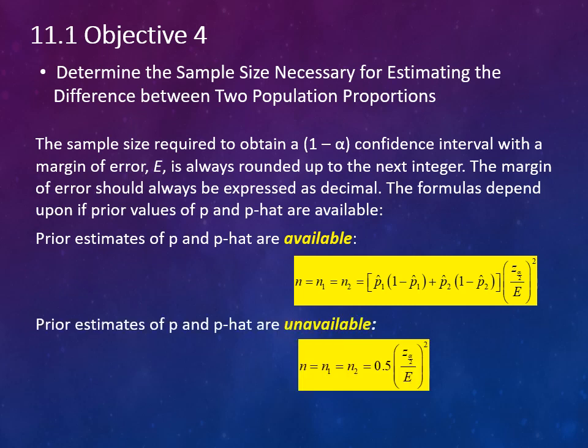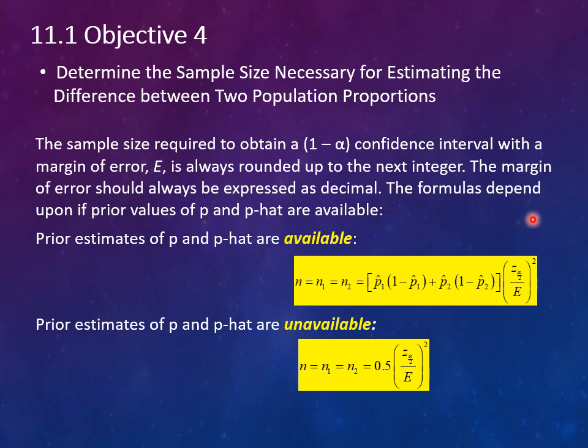If the prior estimates of p hat are available, then we use this first formula where the sample size is the same, n equals n1 equals n2, which equals p hat sub 1 times 1 minus p hat sub 1 plus p hat sub 2 times 1 minus p hat sub 2, times the quantity of z alpha over 2 divided by E, and that fraction squared.